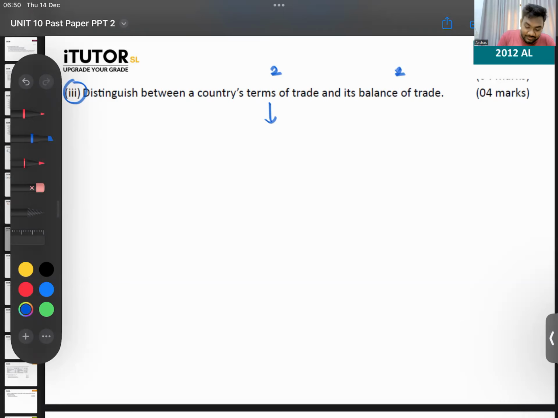Your terms of trade is your export price index divided by your import price index, multiplied by 100. So we look at, by exporting 100 goods, how many goods we can import. The terms of trade takes into consideration only the price of the good.